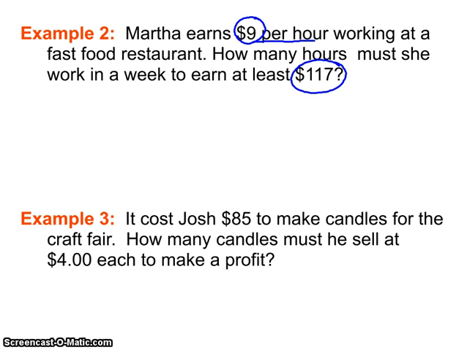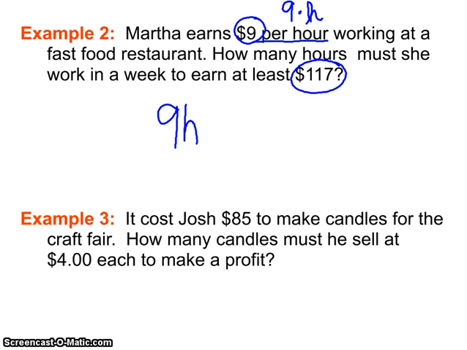We have this $9 per hour, which is something you should be quite familiar with at this point. If I were to write that out, when we talk about $9 per hour, we're taking 9 and multiplying it by the number of hours worked, or 9 times h, or just 9h. So Martha gets paid $9 multiplied by every hour she works.